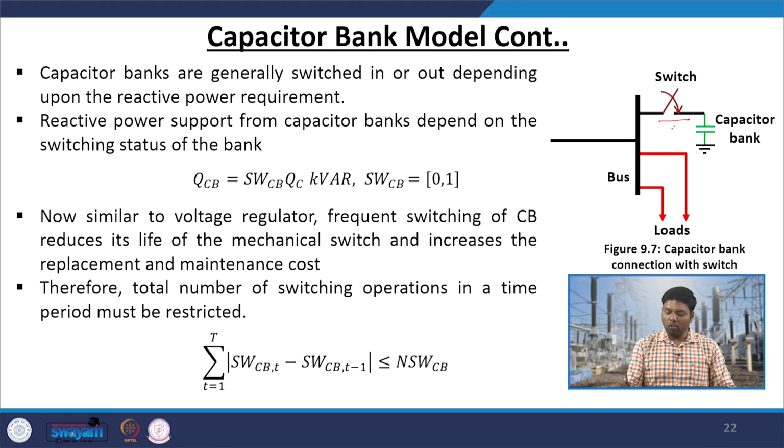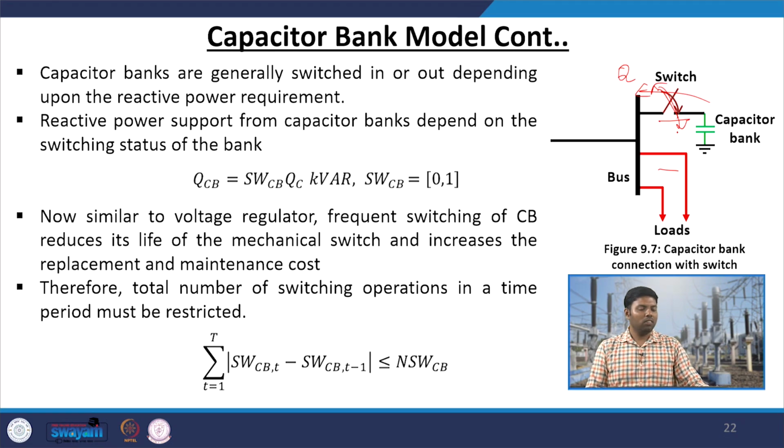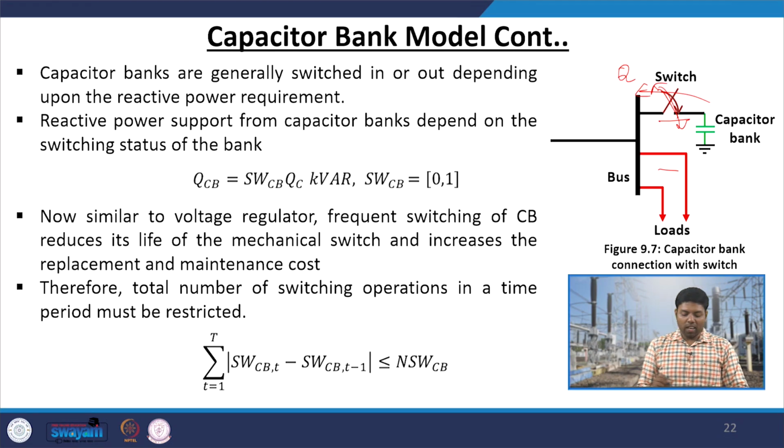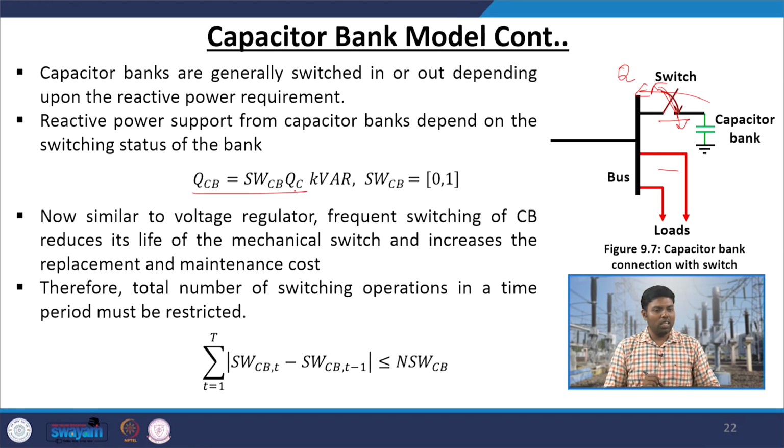If your circuit requires reactive power support, then you just switch it on and you will immediately get your Q. When you do not need it, switch it off and then your reactive power supply from the capacitor bank will become 0. So, if you model your capacitor bank operation mathematically, you have to have a binary variable, 0 or 1, that will denote the switching status of your capacitor bank.